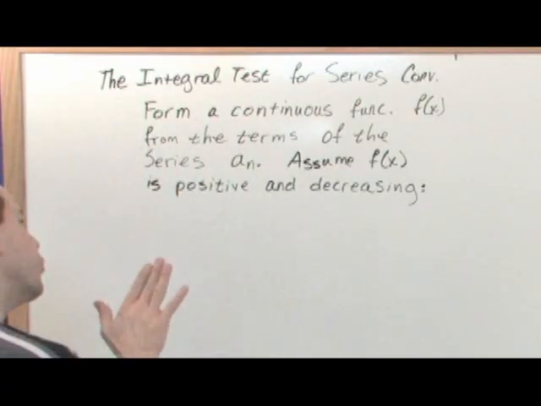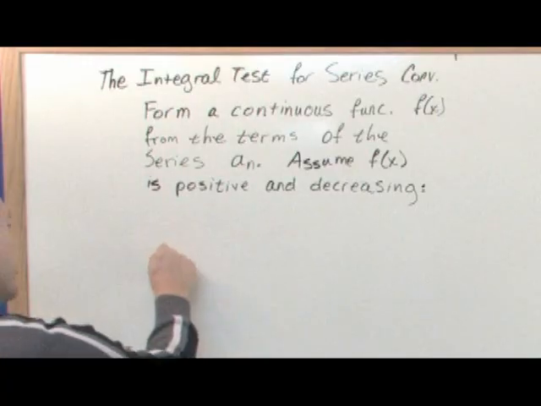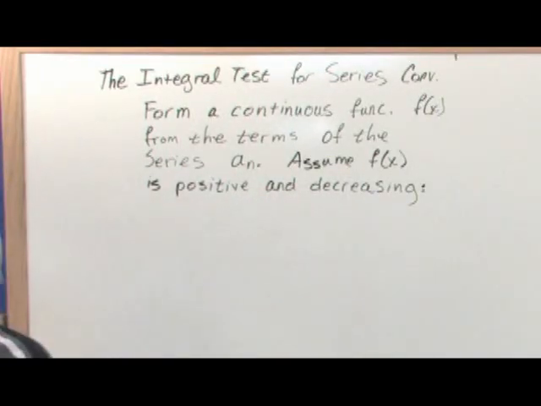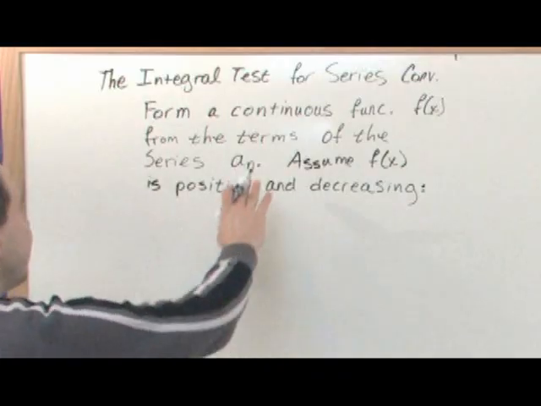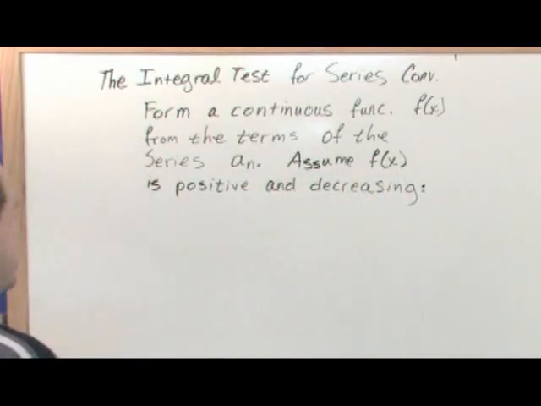It doesn't mean that it will converge, it just means that you have a hope and a shot at it. If those terms do not decrease, if those terms get bigger and bigger as n gets bigger, there's no way in any way, shape, or form that they're going to add up to anything less than infinity. So we're assuming that f of x is positive and decreasing because otherwise the series is known to diverge already. So you have to be in that boat.